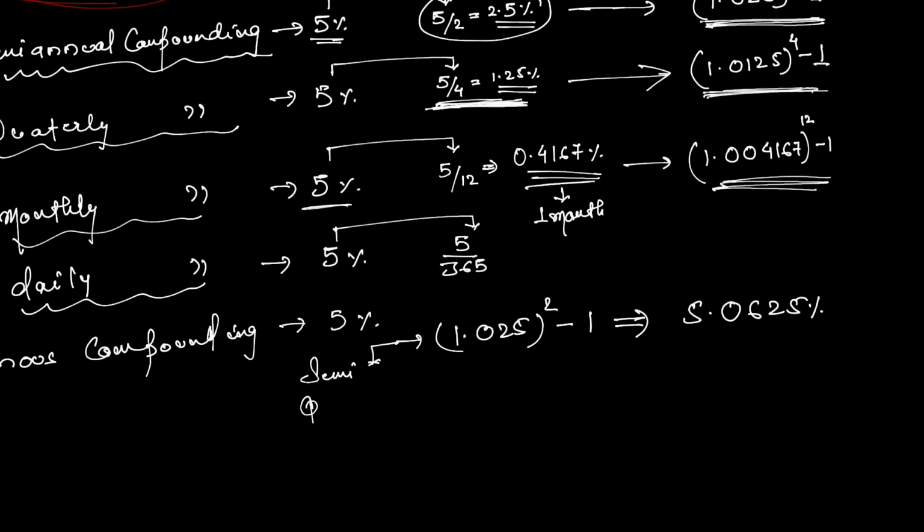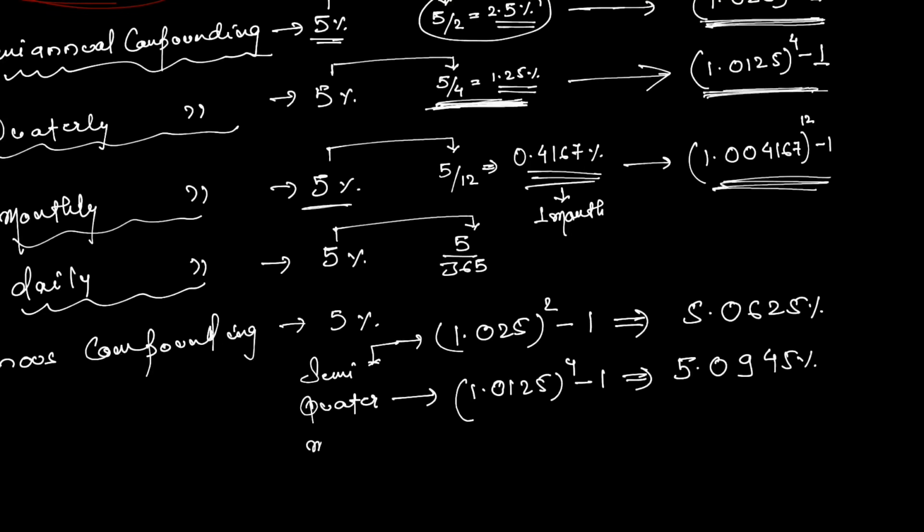For the quarterly one, we have the equation 1.0125 raised to the power 4 minus 1. This will give you the effective interest rate of 1 year, that is 5.0945%.